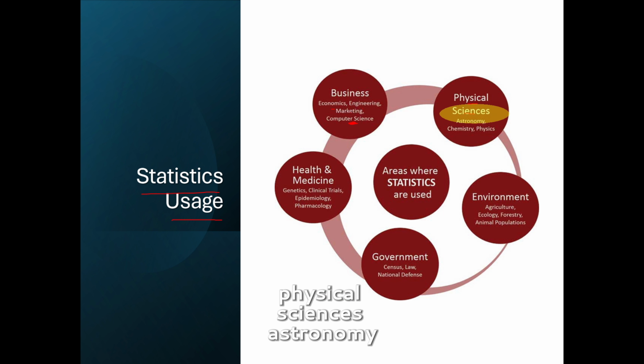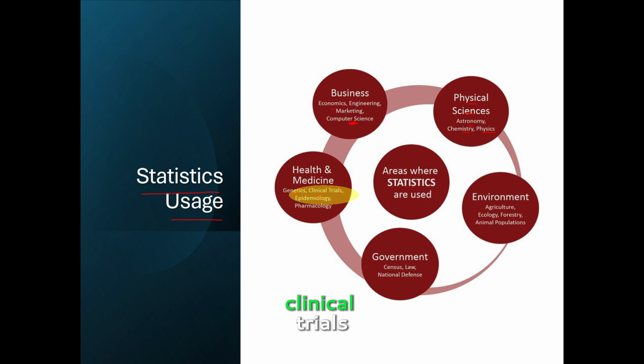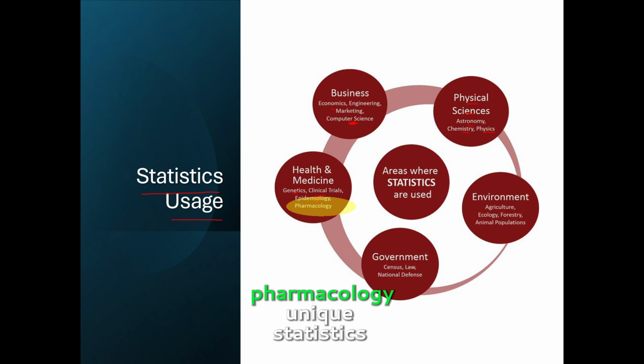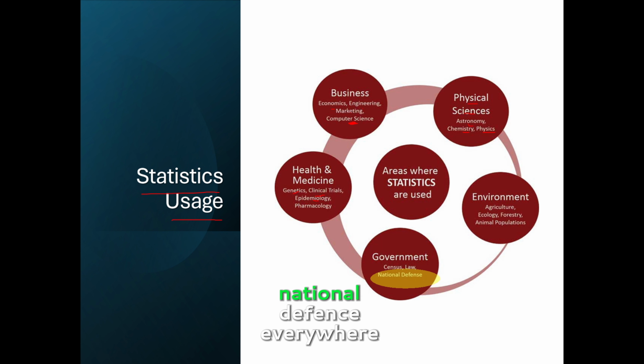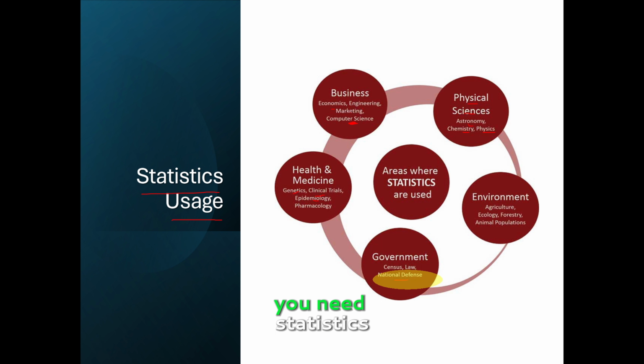Physical sciences, astronomy, chemistry, physics, you need statistics for all these. Health and medicine, so genetics, clinical trials, pharmacology, you need statistics. Environment, agriculture, ecology, forestry, animal population, government, census, laws, national defense, everywhere you need statistics.